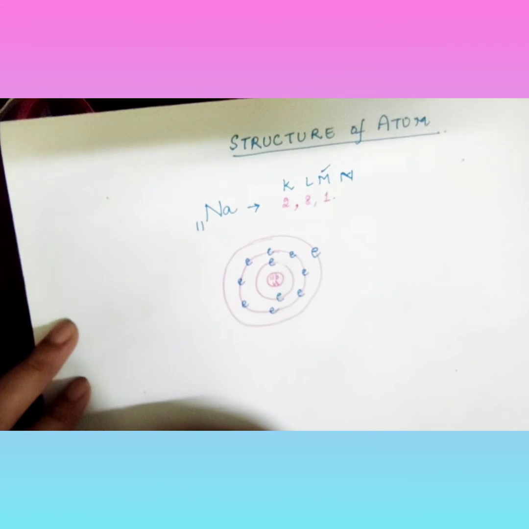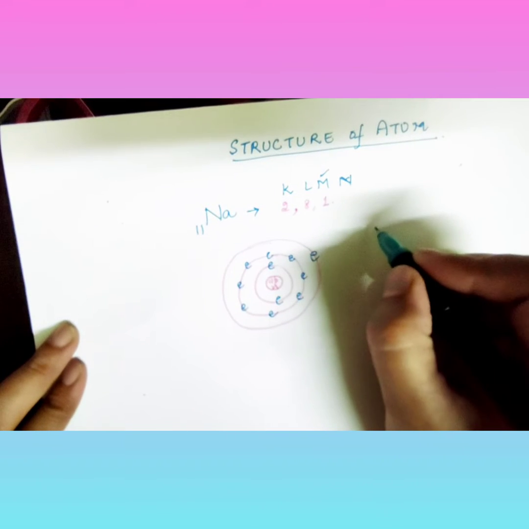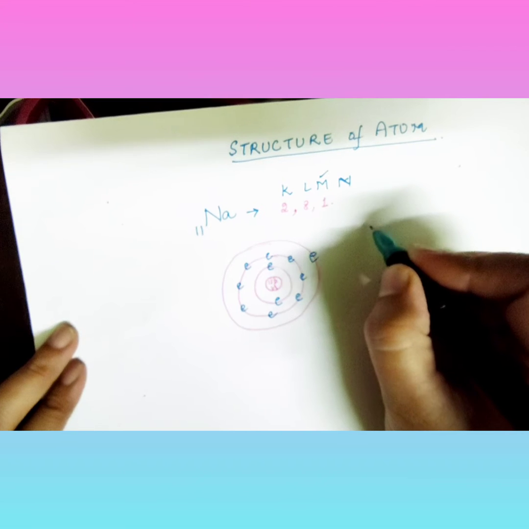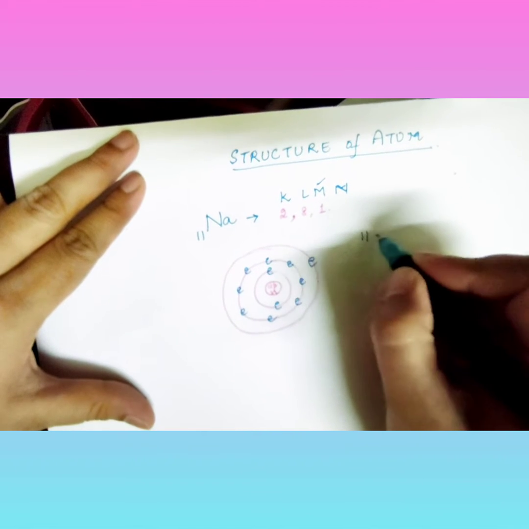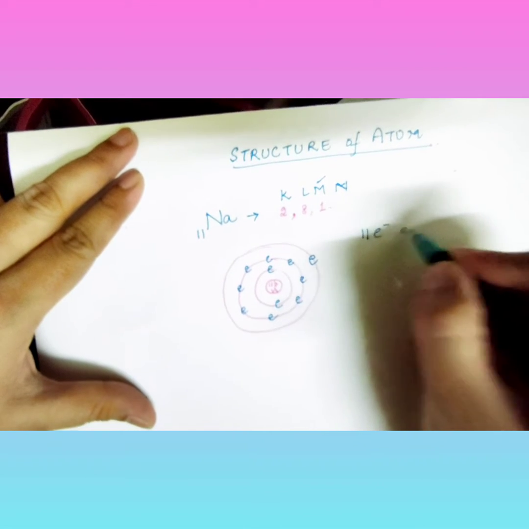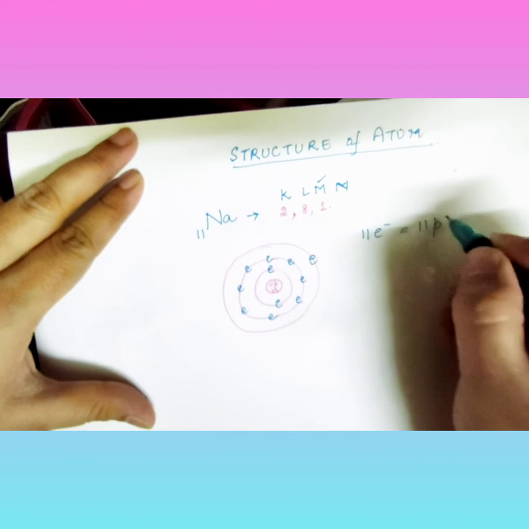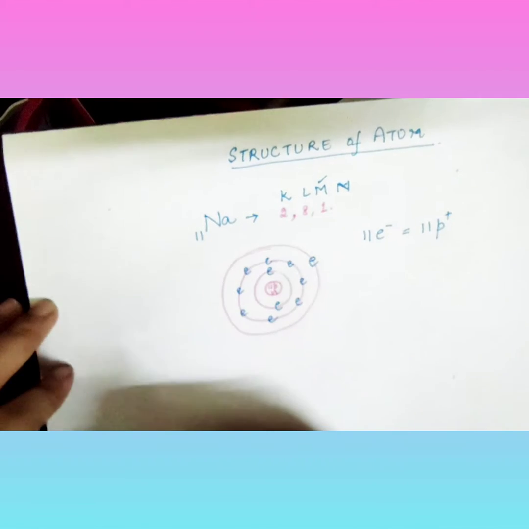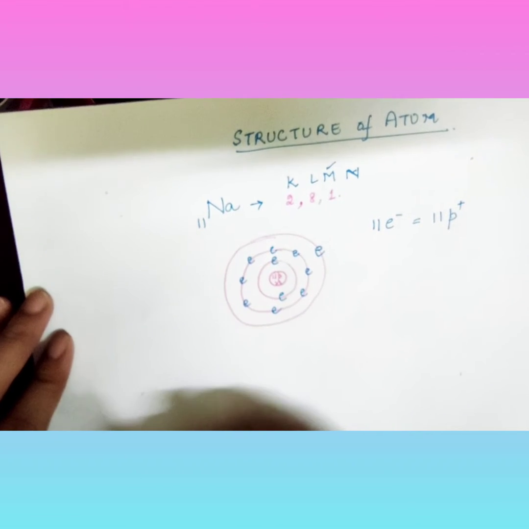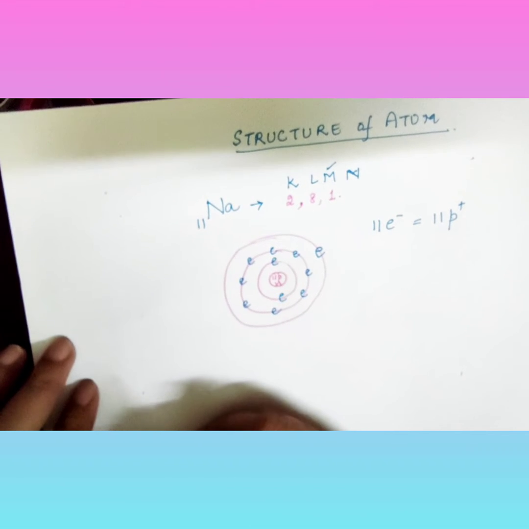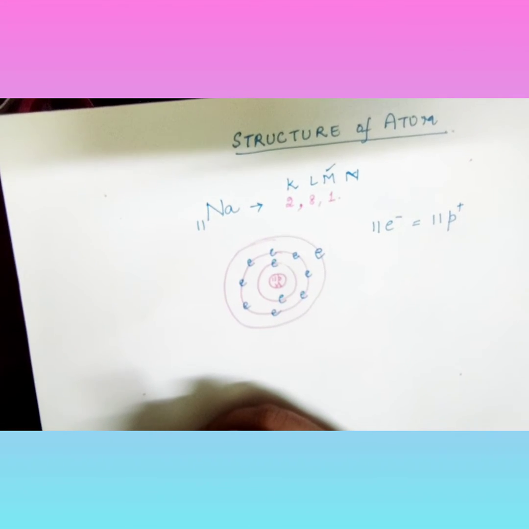Now in this case, sodium atom is having the 11 electrons and 11 protons, right? So that is how we can say the atom is electrically neutral in its normal state.